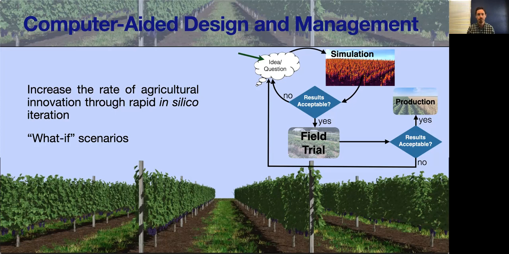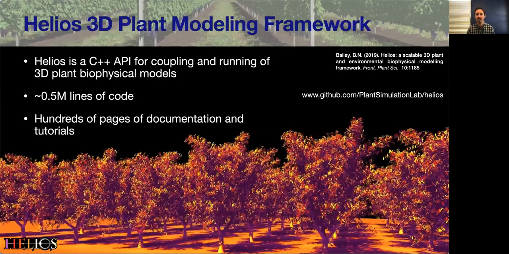So that's what we originally set out to do, and to accomplish that goal, we've developed a software framework called Helios, which is a generalized 3D plant modeling framework that couples different models, creates different 3D geometries, and then handles the data and different computations associated with carrying out those models.